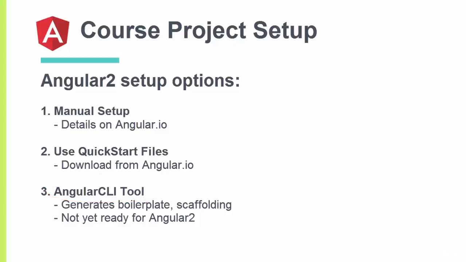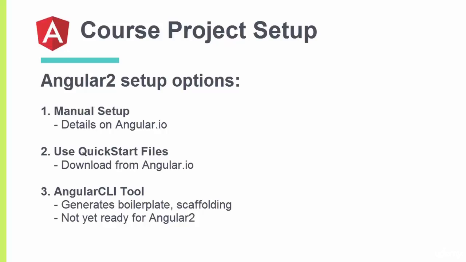Angular CLI is a command-line tool for generating the set of files and boilerplate code for Angular 2 applications, including scaffolding, unit test, and end-to-end tests. This sounds like a pretty good option. However, at the time of this recording, the Angular CLI library is still a work in progress for Angular 2, and it's not yet released in a stable version. But feel free to give it a try and keep an eye on its progress.